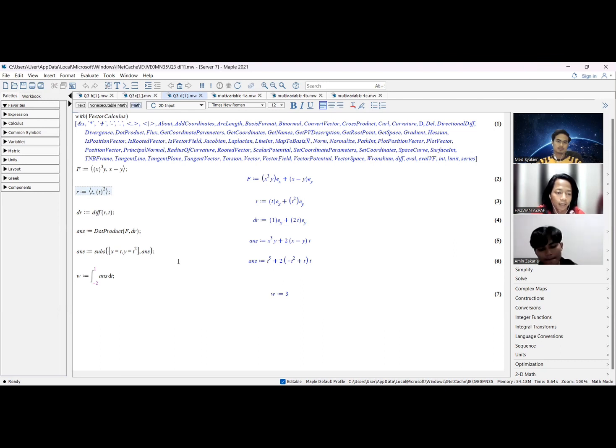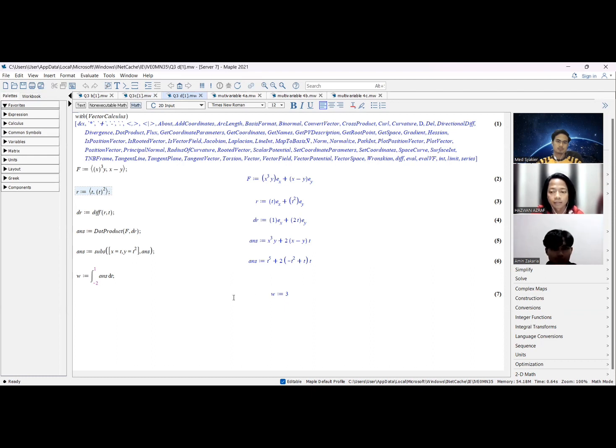And we type answer is equal to subs x equal to t, y equal to t squared, comma, answer, semicolon, and we get t to the power of 5 plus 2 times minus t squared plus t, times t. And lastly, we put w is equal to the integral with the limits from negative 2 to 1 of answer dt, semicolon.